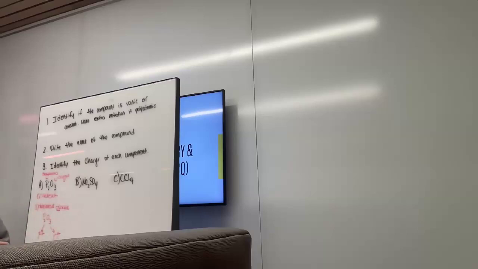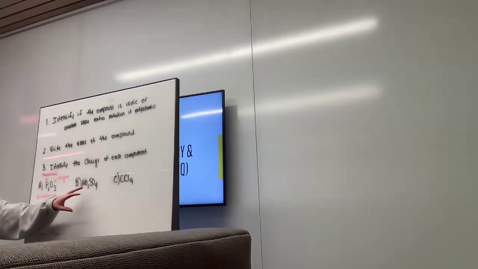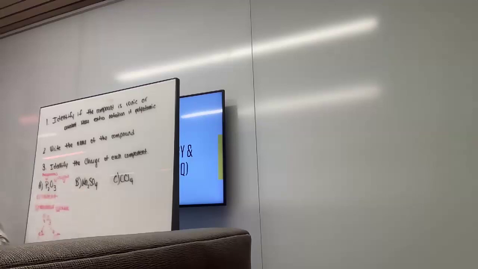But for right now, I just want you to say this would be a -3, this would be a -2. But then how would it add up to 0? Is that only for ionic? It's mostly for ionic compounds, but I just want you to practice splitting them up. So covalent, they would both be negative. Yes. B is going to be one where they add up to 0, so that's a better example.